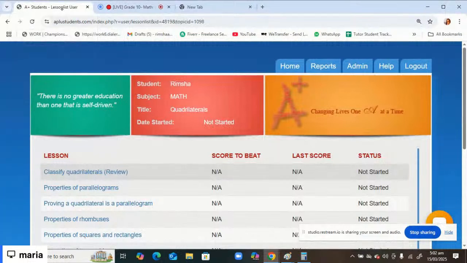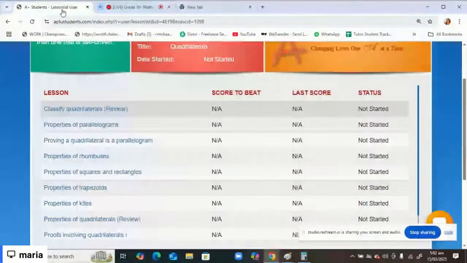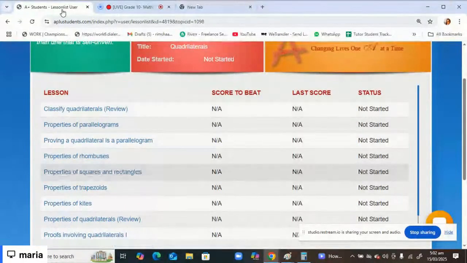Today we discuss properties of squares and rectangles, properties of trapezoids, properties of kites, and properties review. We will discuss all these four lessons, so let's start from the first one, which is the properties of squares and rectangles.